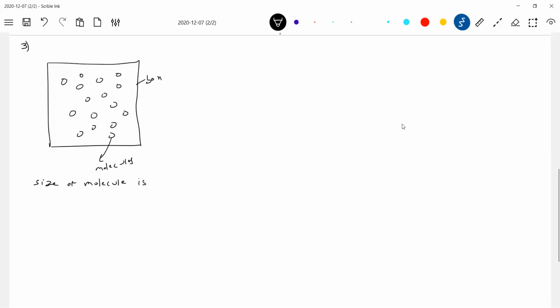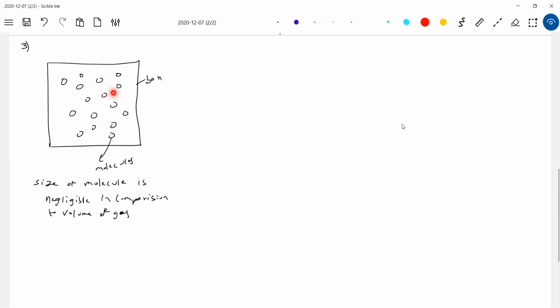The size of a molecule is negligible in comparison to the volume of the gas.